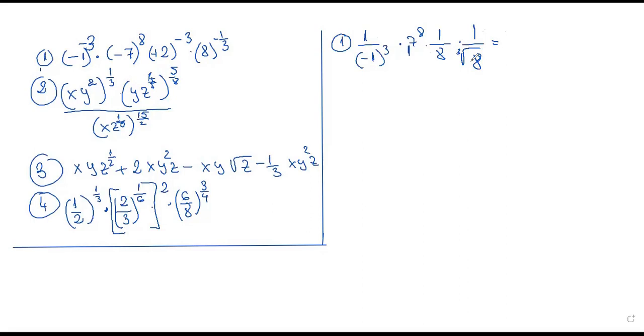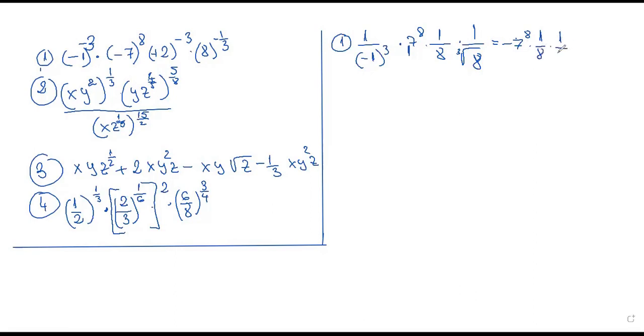Okay, so then minus 1 to the 3 is minus 1. Yes. So that becomes just minus 1. Yes, so it's minus times. Do I just keep it as 7 to the 8, right? Yes. Times 7 to the 8. Times 1 over 8. Times 1 over 2.